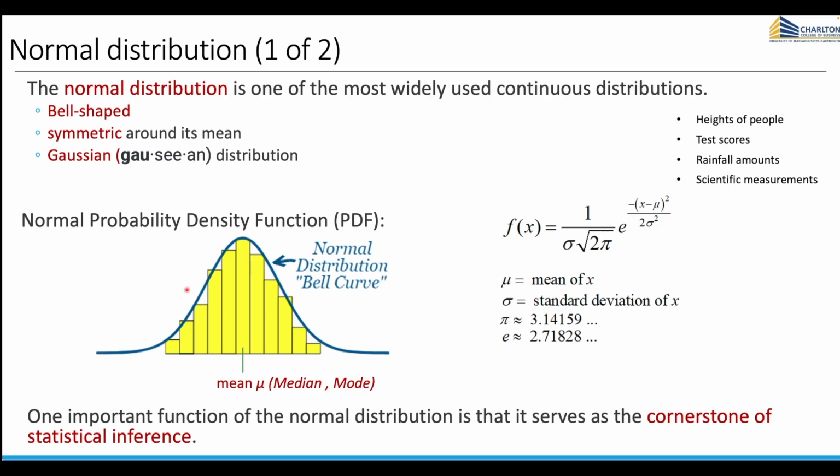Again, this blue line defines the shape of the distribution and is identified as the PDF, shown by f of x using this function. Sigma is the standard deviation, mu is the average of the distribution, pi is 3.14, and e is 2.7 in this function.